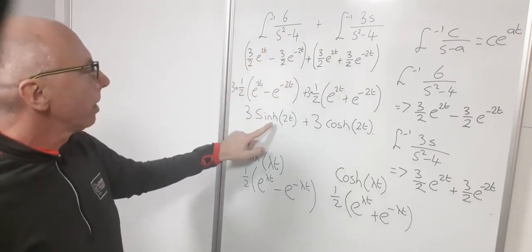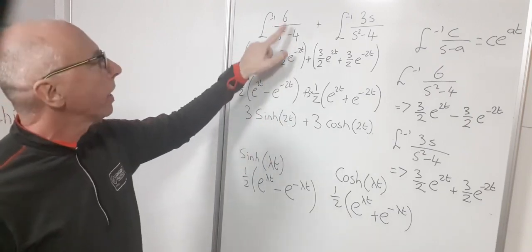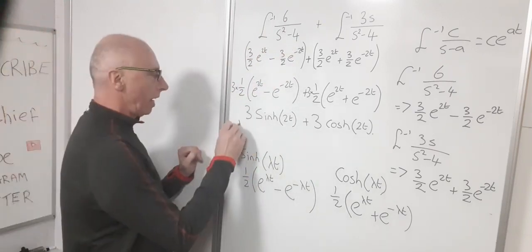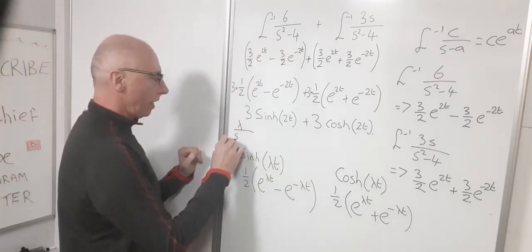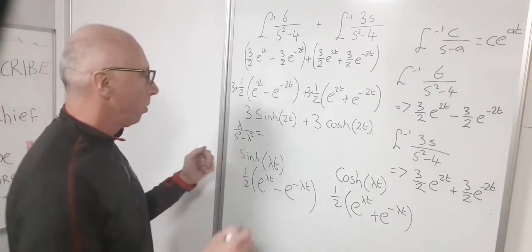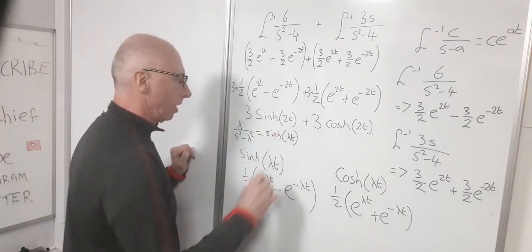So therefore we've shown here, when we've got a minus sign here, for example 6 over s squared minus 4, that will give me 3 sinh of 2t. So we divide this by the square root of this one. So for example we can say here lambda over s squared minus lambda squared, that will always give me sinh of lambda t.